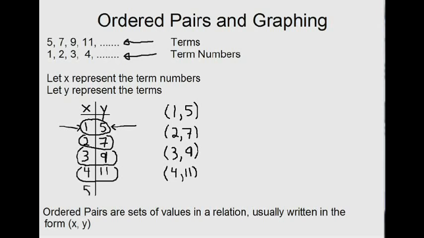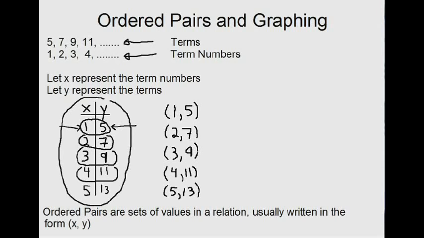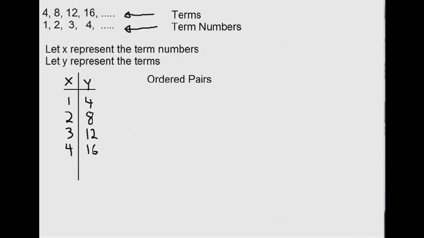Now if we wanted to, we could continue this number pattern. So we know that our fifth term would be 13. So our fifth ordered pair here is our x value is 5 and our y value is 13. So there you can see we've taken that table of values where we have our corresponding x and y values and we've rewritten them as ordered pairs.